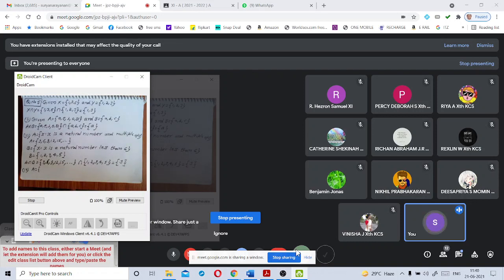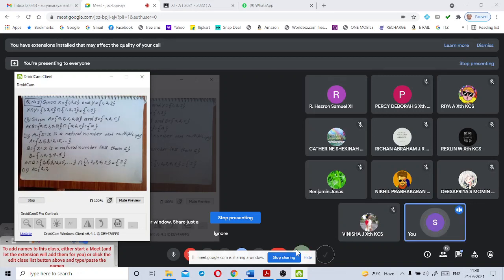Can you tell me the elements? What are the natural numbers greater than 1? Tell me, Samuel. Sir, 2, 3, 4, 5, 6.